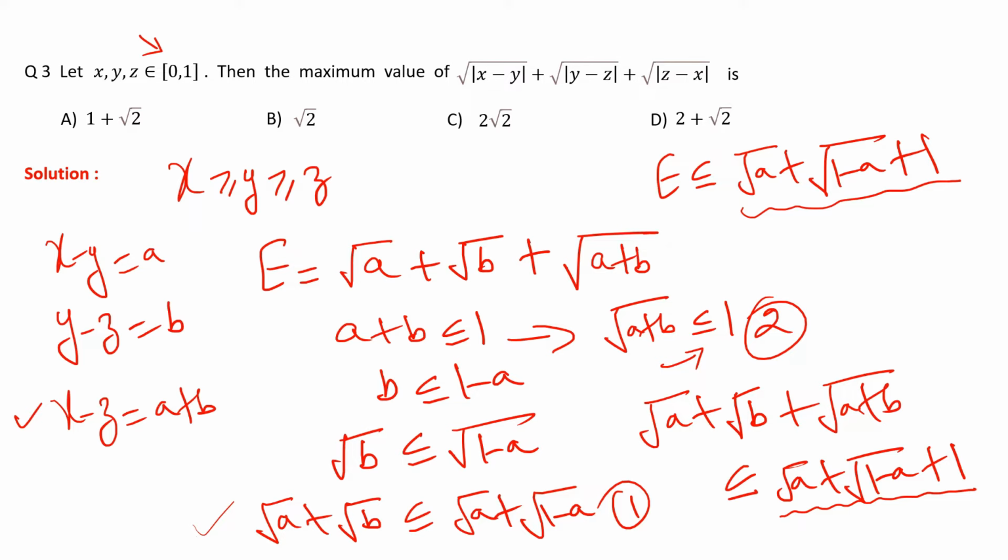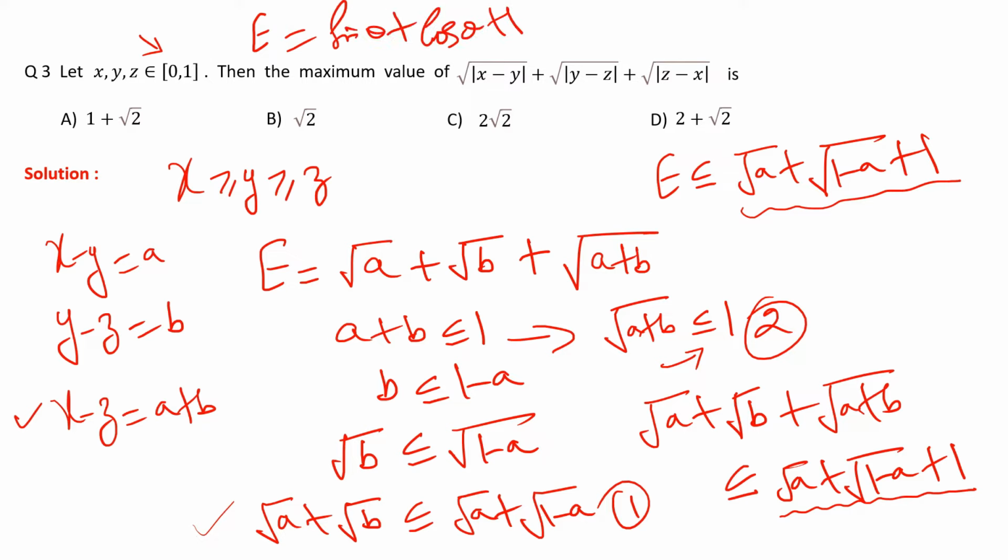So we can take a as sine square theta, and 1 minus a will become cos square theta, so square root of 1 minus a will become cos theta. So E becomes sine theta plus cos theta plus 1.